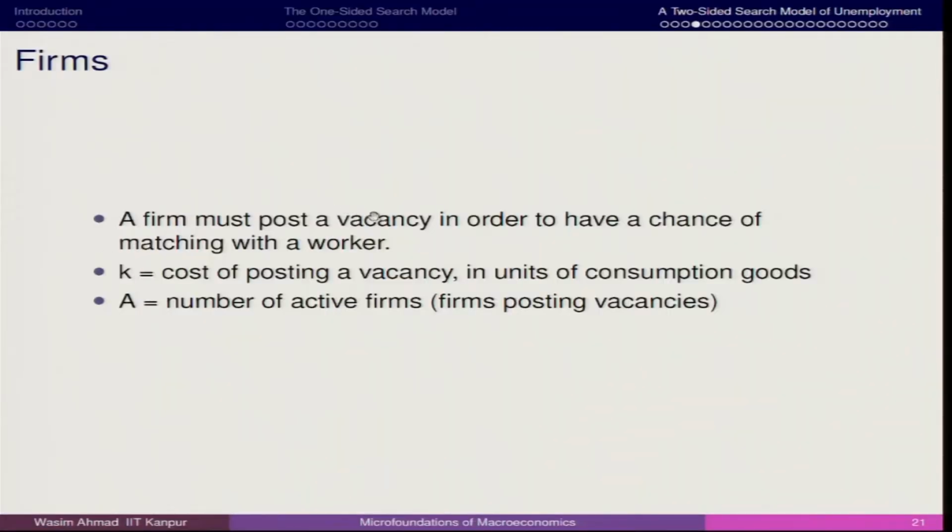So, whenever a firm posts a vacancy in order to have a chance for matching with a worker, this is represented in the unit of consumption goods. So, K is the cost of posting a vacancy. Here the company may be hiring a consulting firm or job search firm, and this firm may be helping the company to get the labor.